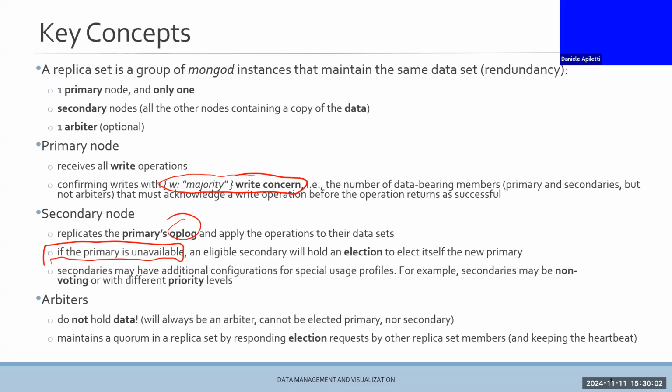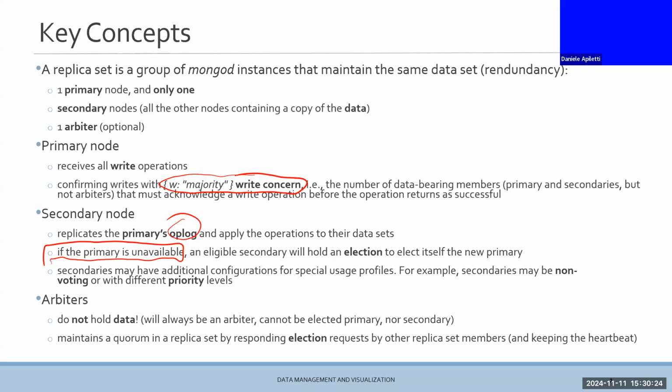So you configure the MongoDB replica set in such a way that the arbiter and the secondaries will elect another secondary node which is suitable to become a primary. You can set some weights. There are some specific configurations for that. You can deep dive when you work with it.